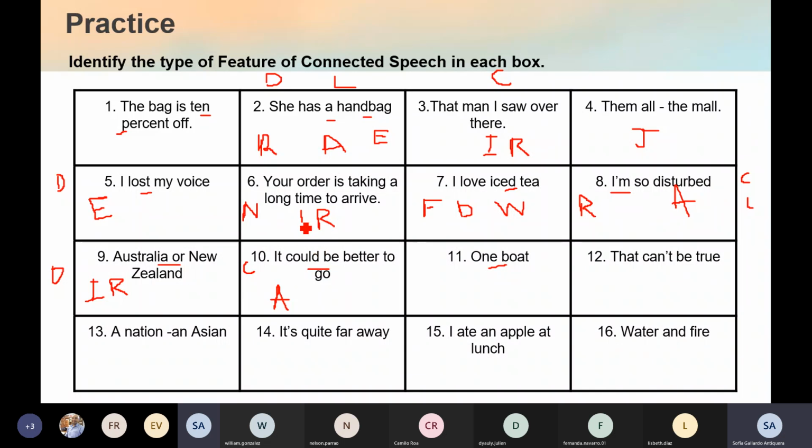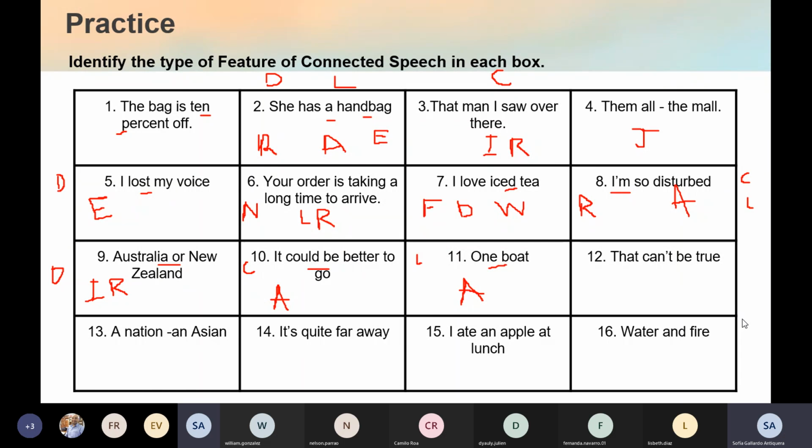I think Lisbeth got it first, so let's write the L. Yes, it's only fair. This is assimilation. Lisbeth, could you tell us why you think this is assimilation? Maybe because we change the sound N for M. Yes, great. Claps for you. So that is exactly what changes in this example.